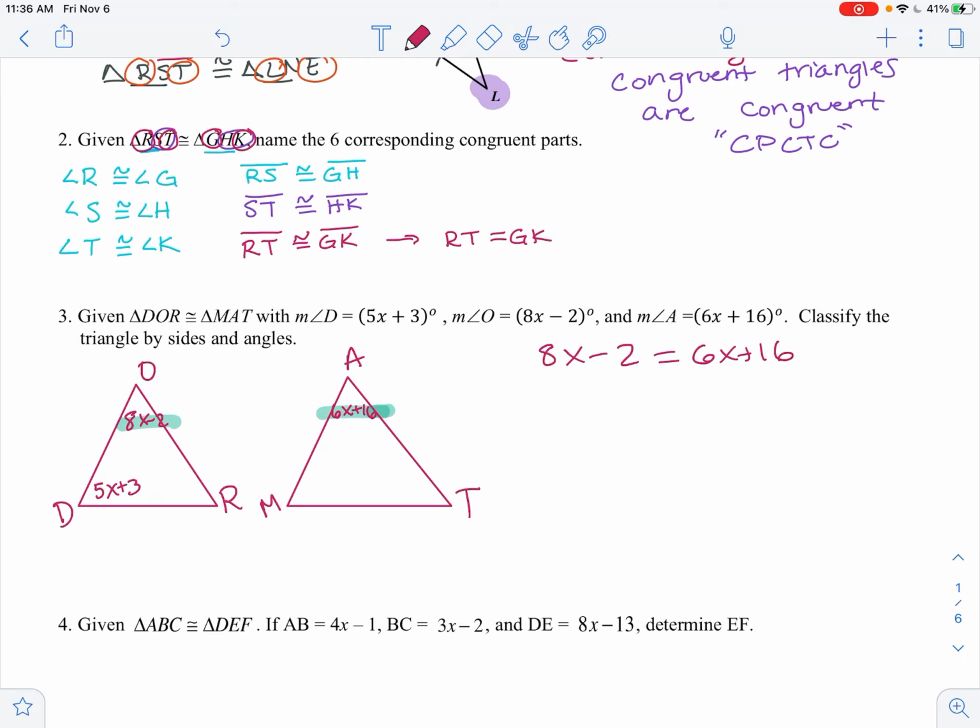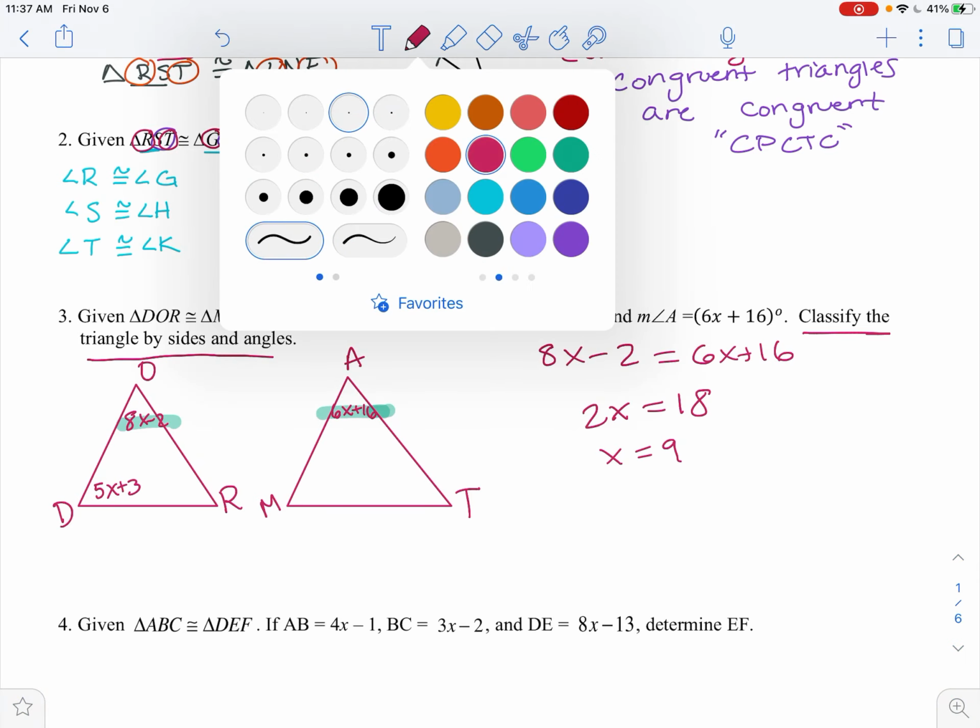And if they are equal, I can set them up equal to each other and I can solve. So I get 2x equals 18, which means x equals 9. Now, the question actually asks me to classify by sides and angles. So in order to do this, I'm going to need to figure out what my angle measures are.